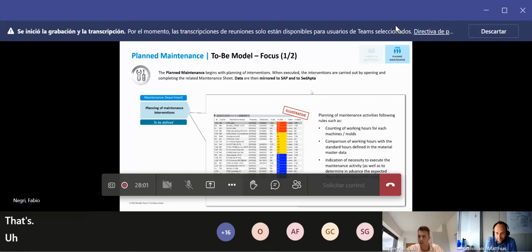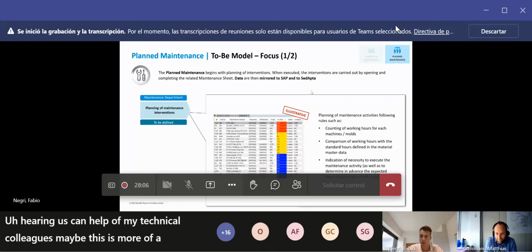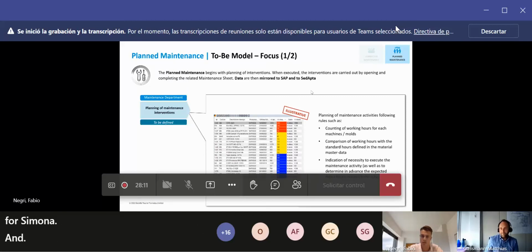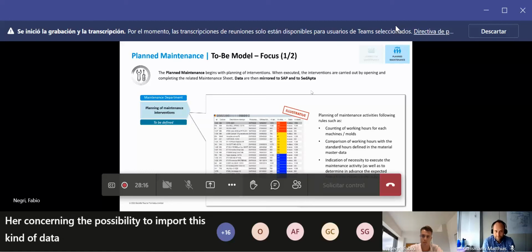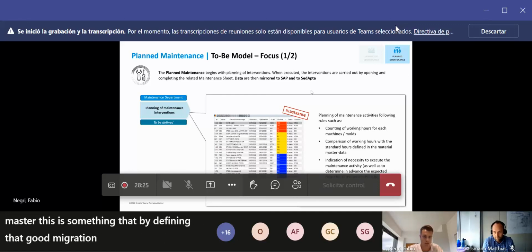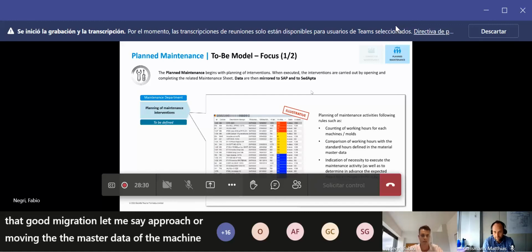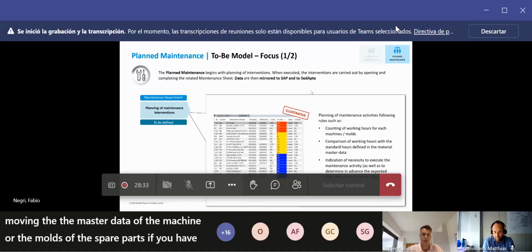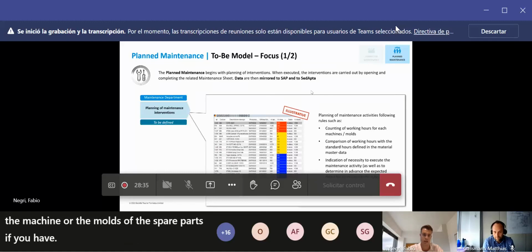Okay. Here I ask for the help of my technical colleagues. Maybe this is more a question for Simone. Concerning the possibility to import this kind of data, for sure master data is something that, by defining a good migration approach for moving the master data of the machine or the molds or the spare parts, if you have, is something that we have to plan.